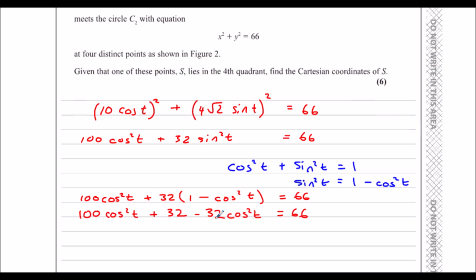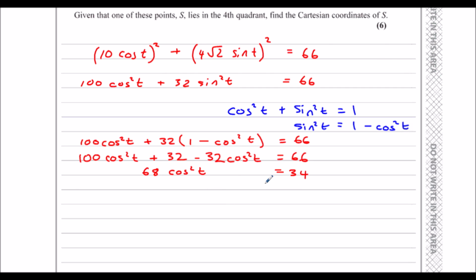So 100 minus 32 will be 68, so we've got 68 cos squared t. And 66 minus 32 will be 34. So dividing both sides by 68 gives us cos squared t is equal to 1/2, and cos t will be plus or minus the square root of 1/2.